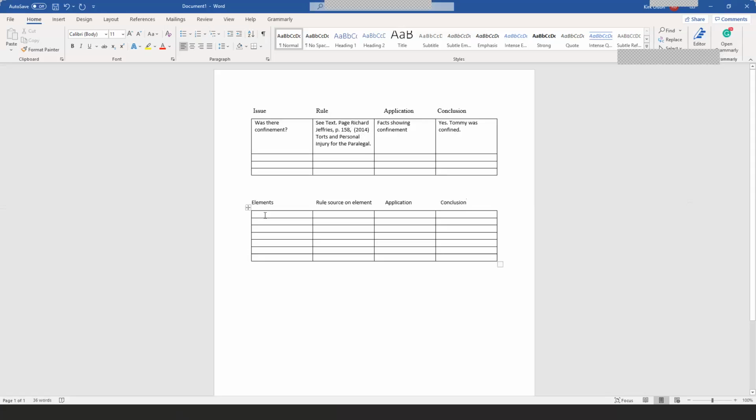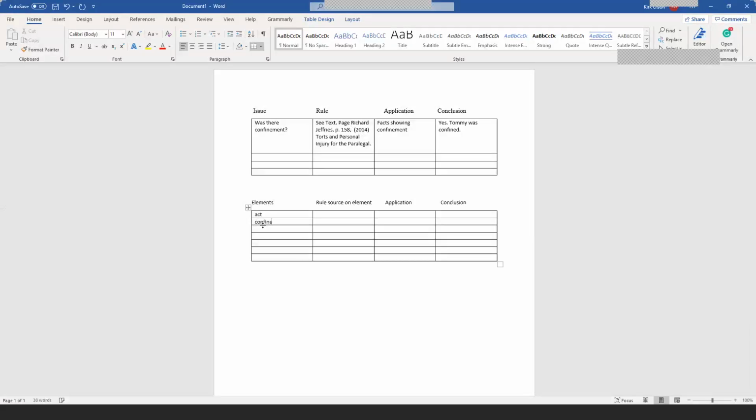So element would be act, intent, confinement, and causation. You don't have to. It's just more fun. These are lawyer tested. I brought them to lawyers. So there's 4 elements, which are also the issues.